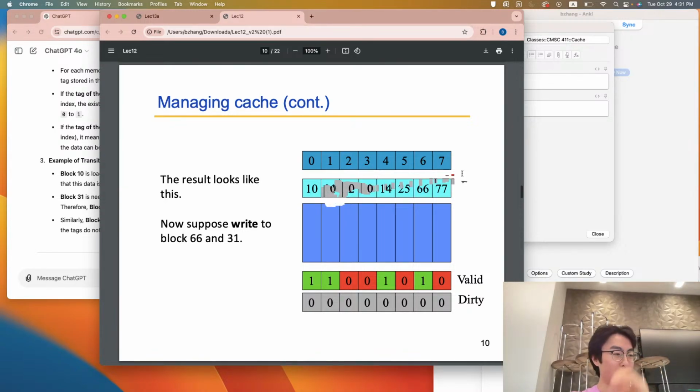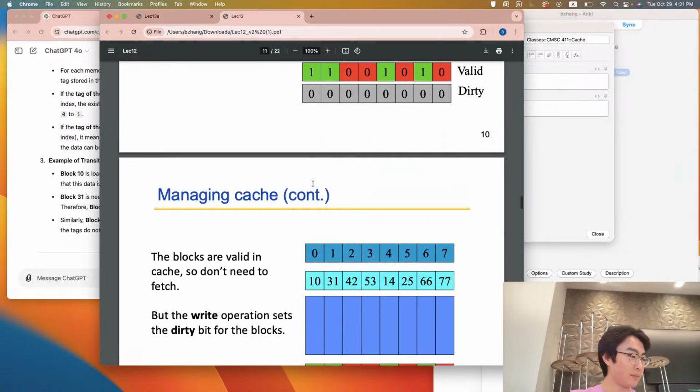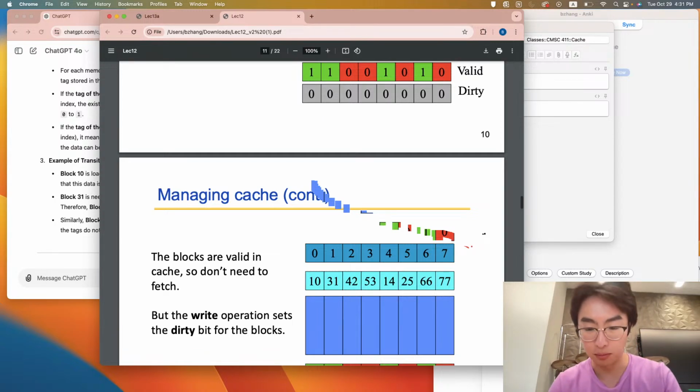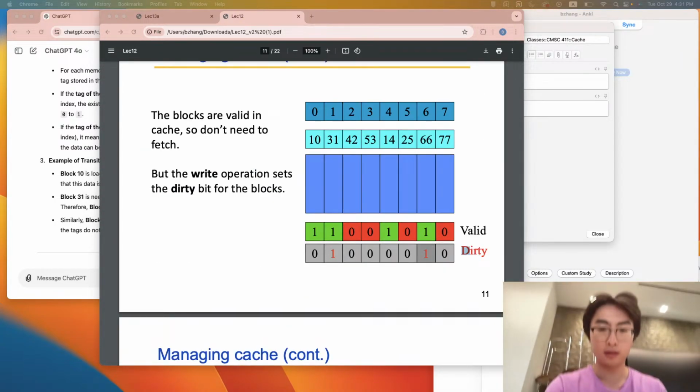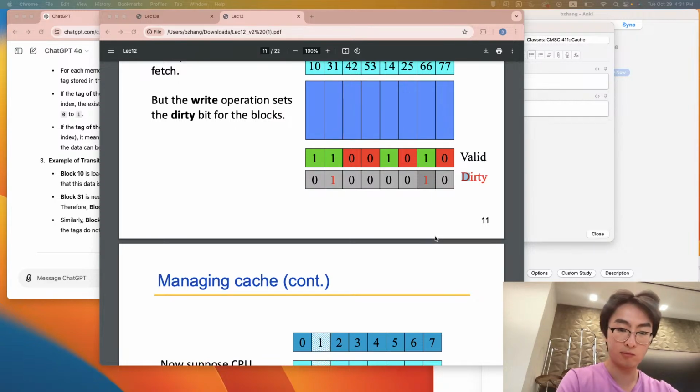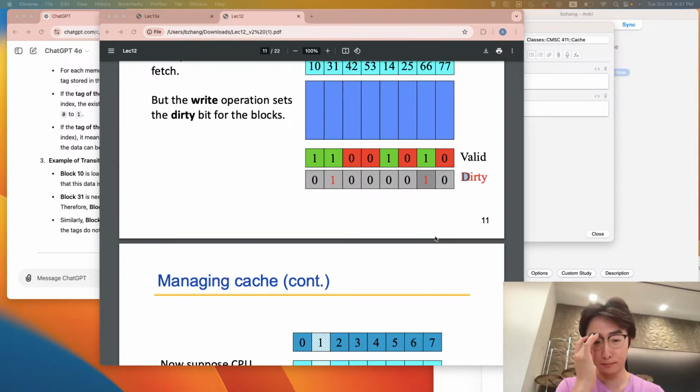Ooh, my screen is starting to have some problems. Okay. Yeah, I might have to unplug this real quick. Here we go, nice.